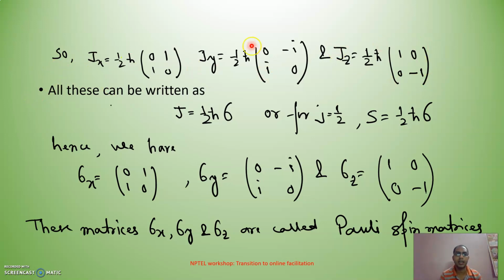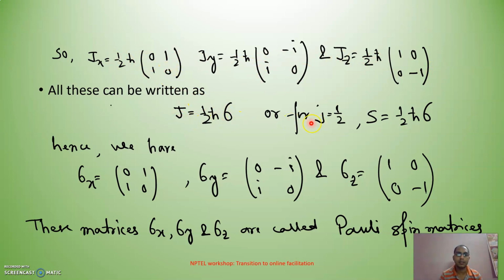All these three matrices can be expressed as J is equal to half of h cut sigma. Keeping this constant aside, we represent these matrices by sigma.